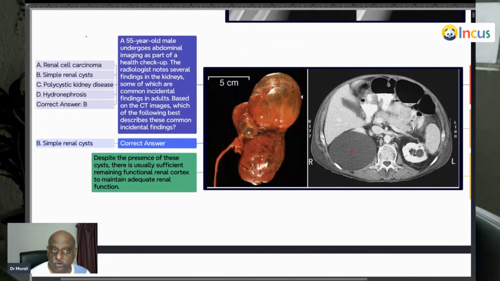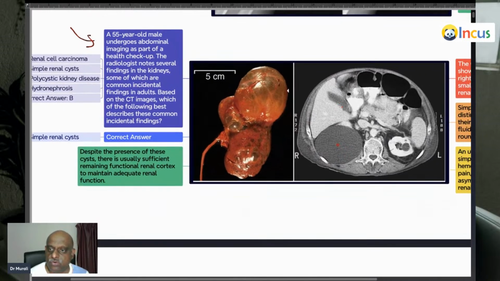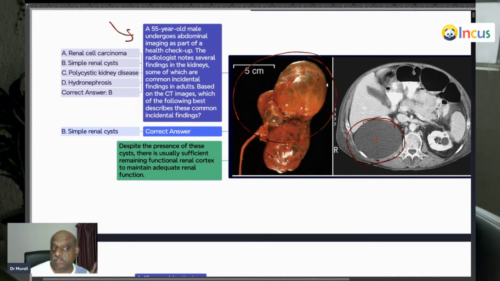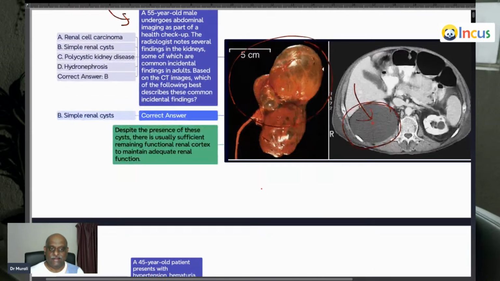A 55-year-old woman undergoes abdominal imaging as part of her health checkup. The radiologist notes several findings. So what do you see here? A cyst in the kidney. So what type of cyst is this? There is only a single cyst. That's the reason it is an example of a simple renal cyst.